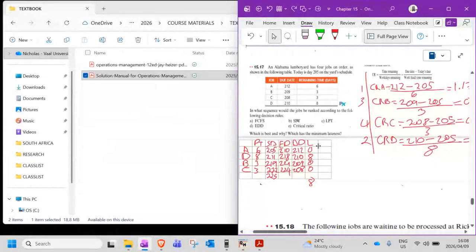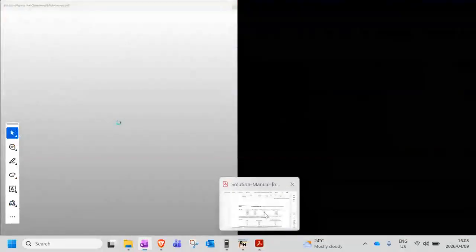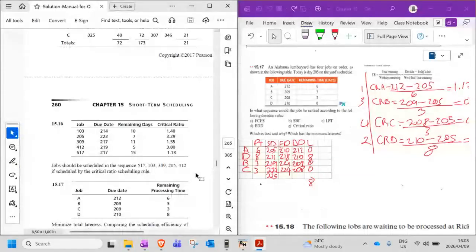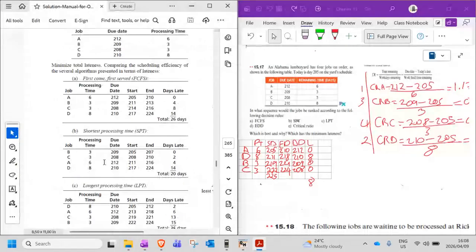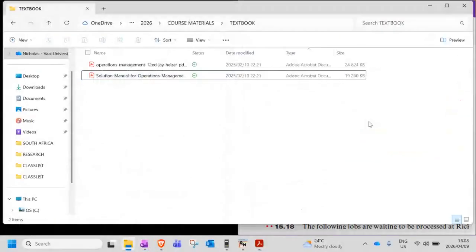When we started calculating, we started at 205, and it is supported by what is happening here. They started at 205. So that 180, you ignore it completely.